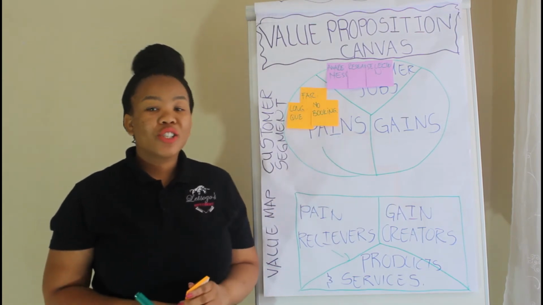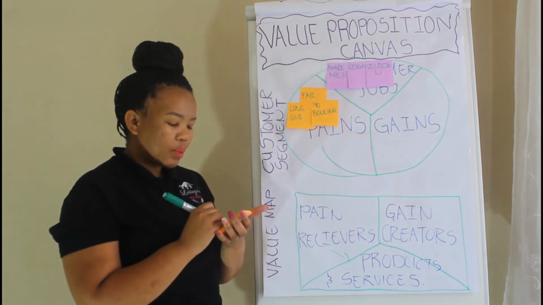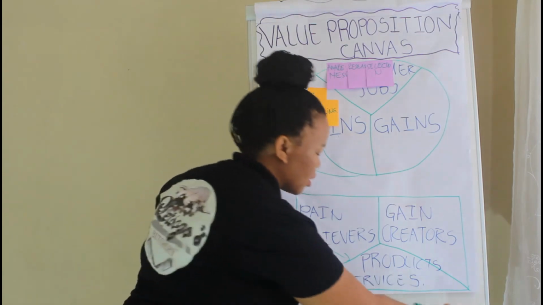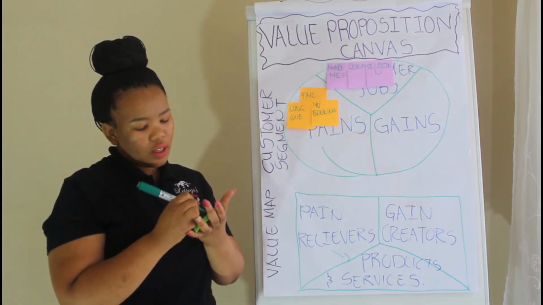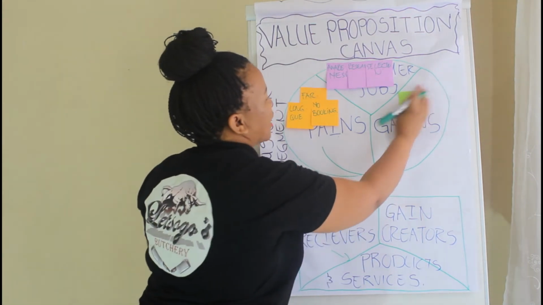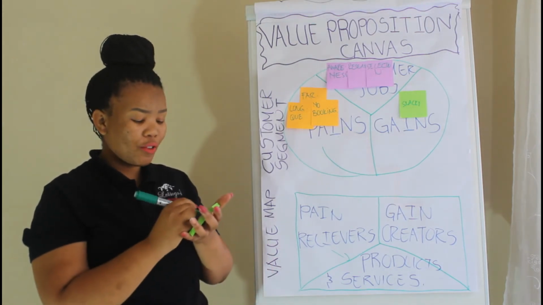But then they offer her champagne, darling, and they offer her crackers, biscuits, as well as cheese. So I'm going to write snacks. Actually, let me use a different color. So this is the gain for her. And the other thing, after she buys the hair and puts it on, she realizes it's very beautiful.